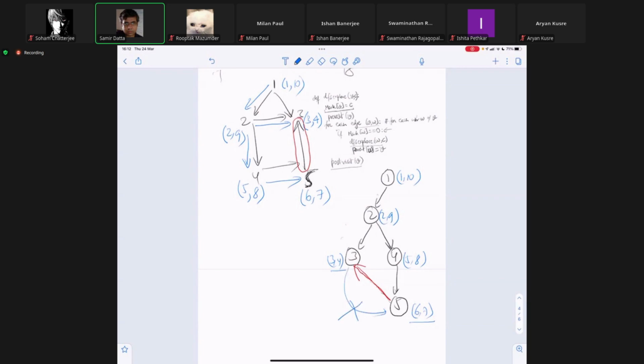Because if it were there, you would first explore it before, correct? This is not permitted. If it were there, I would have discovered 5 from 3, and then this would not have been a non-tree edge, correct?